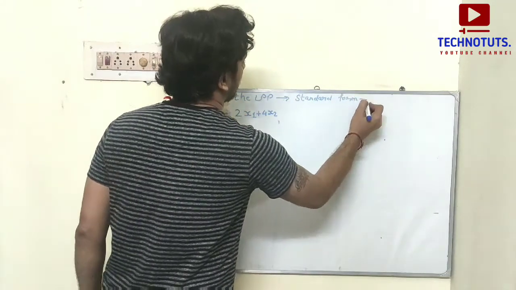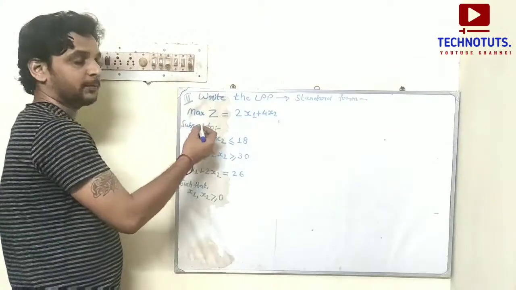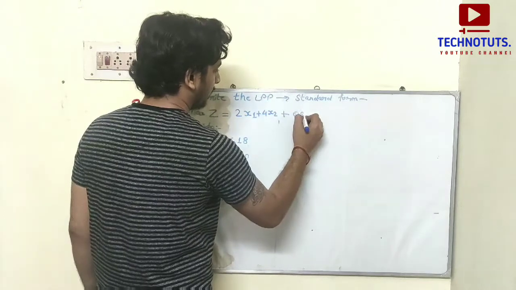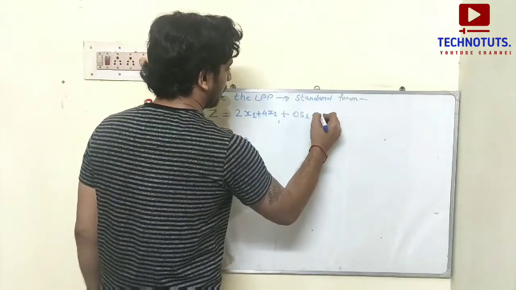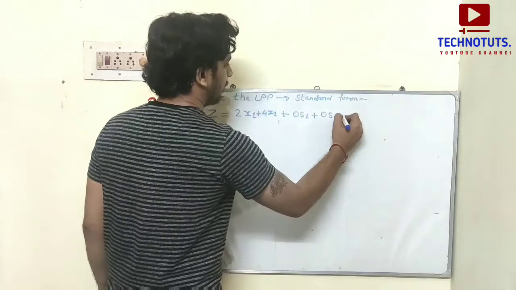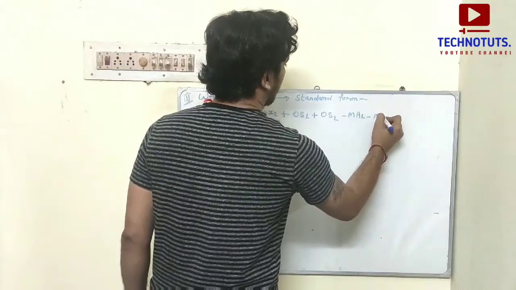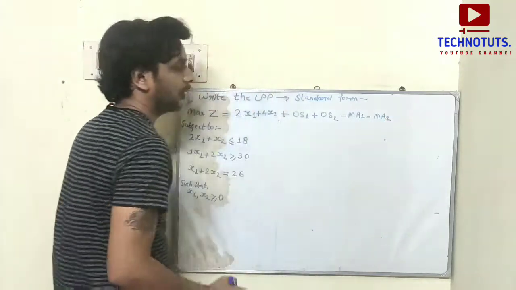So the problem is: maximize z is equal to 2x1 plus 4x2 plus 0s1 plus 0s2 minus Ma1 minus Ma2. This is the objective function.